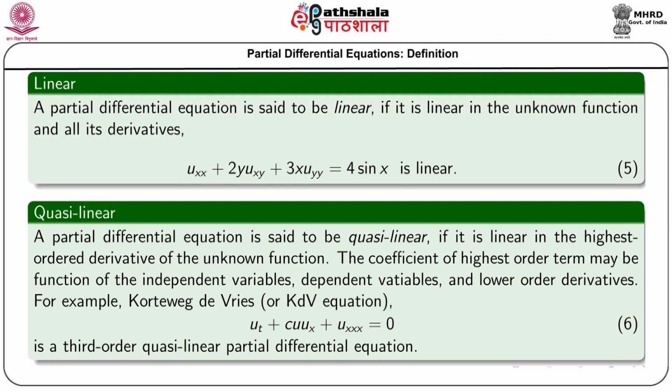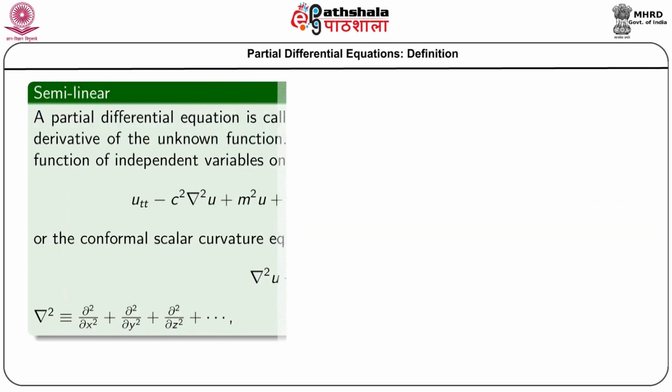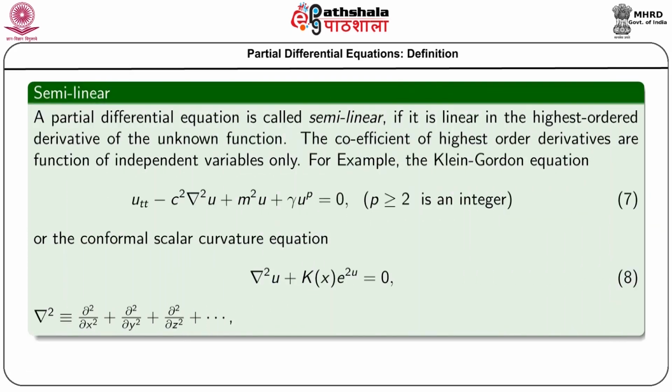One example of quasi-linear equation is the KdV equation, which is written in equation number 6, and this is a third order quasi-linear differential equation, and this equation appears in plasma physics and in nonlinear dynamics. Now, we shall define a semi-linear partial differential equation.